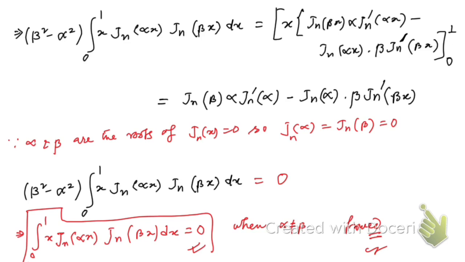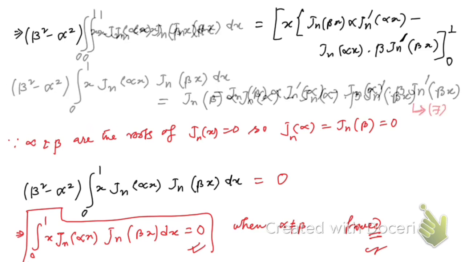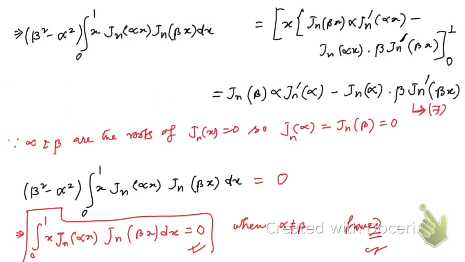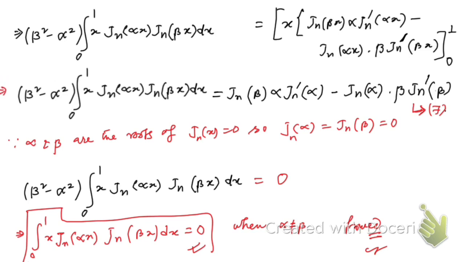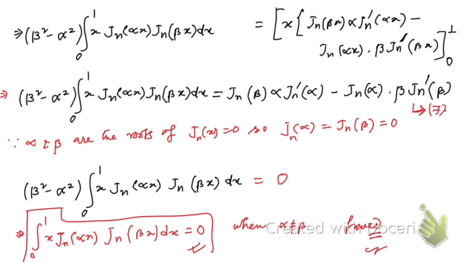Also, this x should not be there, because I have already put the upper and lower limit, so it's supposed to be beta only. Let me take this as equation number 7, and let me copy this and go to the next slide for the second condition.